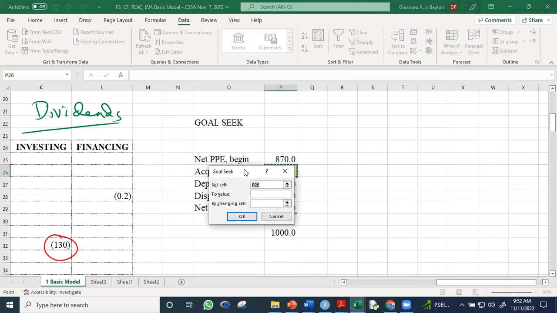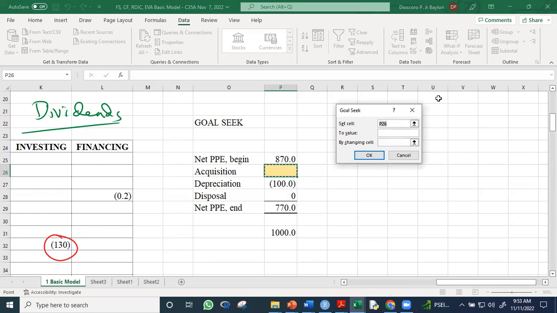This is the dialog box for goal seek. You have three parameters here. First, you have set cell, and then you have to what value, and then by changing cell. Now notice here, set cell, you have this icon here. In your case, it might be a spreadsheet icon. In my case, it's an arrow.